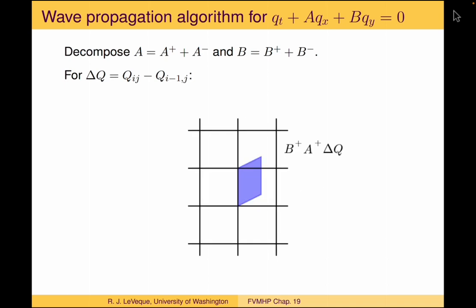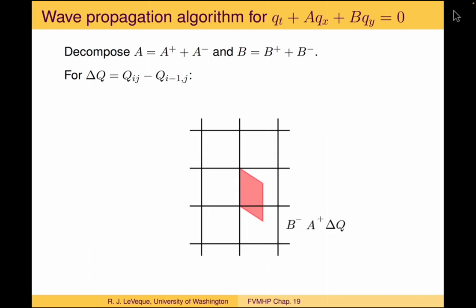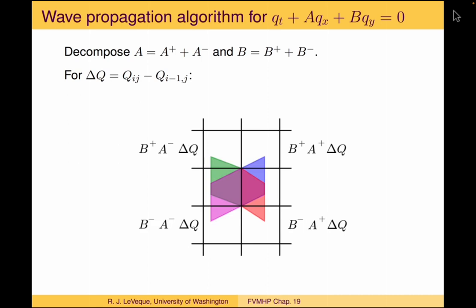And so we can do that by taking, for example, the A plus delta Q and splitting it up into B plus times A plus delta Q and B minus times A plus delta Q, which are the sort of upward and downward going components of A plus delta Q. And similarly, on the other side, we can take A minus delta Q and split that up into what part of that is upward going, B plus A minus delta Q, and what part is downward going, B minus A minus delta Q.